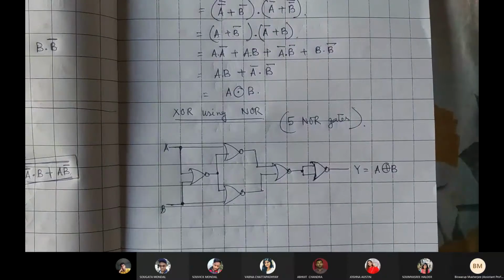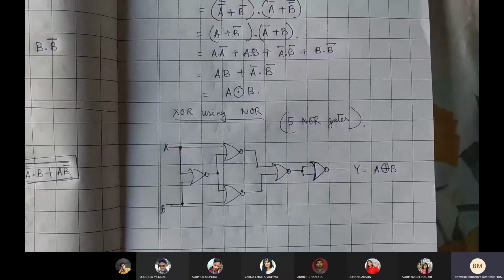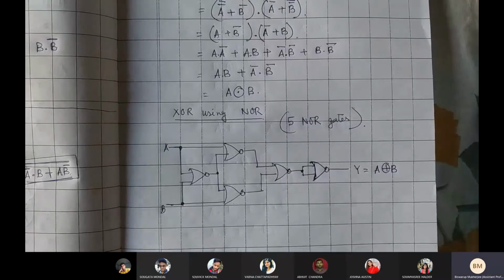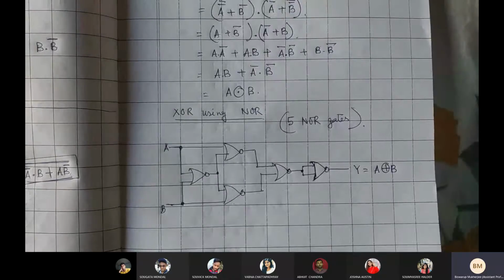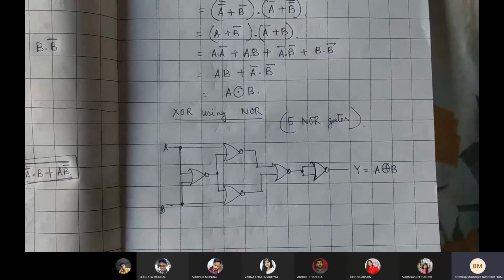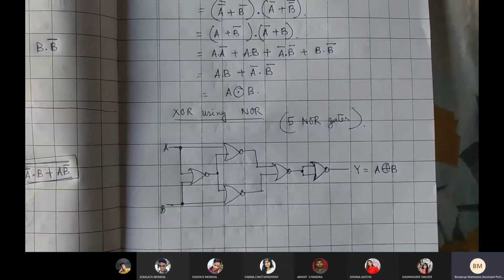Okay. Am I clear how to implement all the other types of gates using universal gates? You can even implement a NOR gate using NAND or a NAND gate using NOR. How?